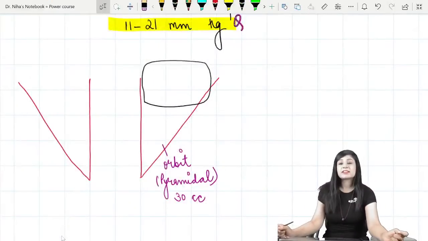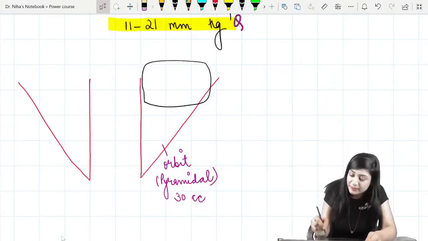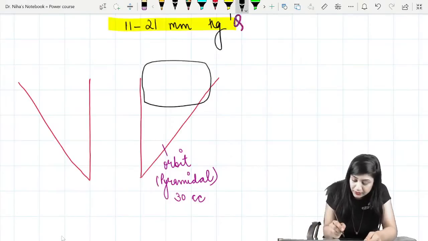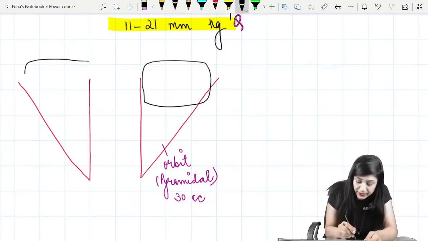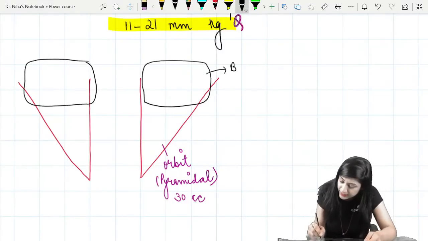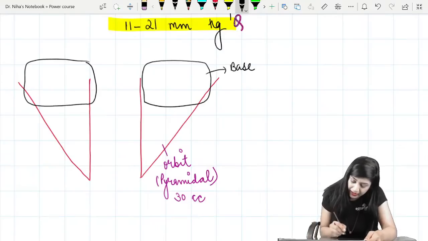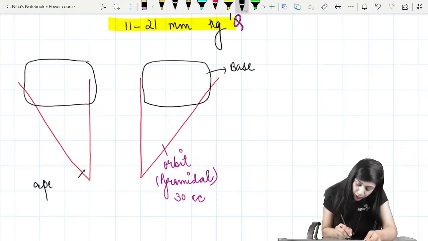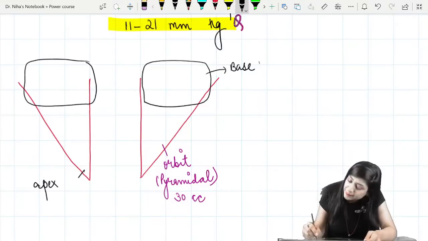So guys, this is the orbit, and this is the base of the orbit, which is quadrangular. This is the apex of the orbit.